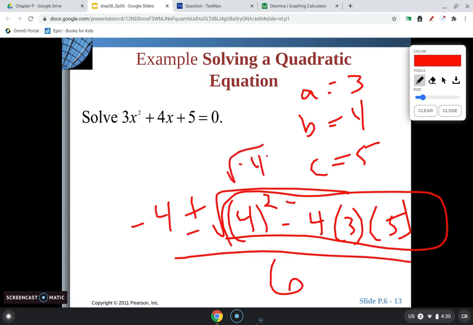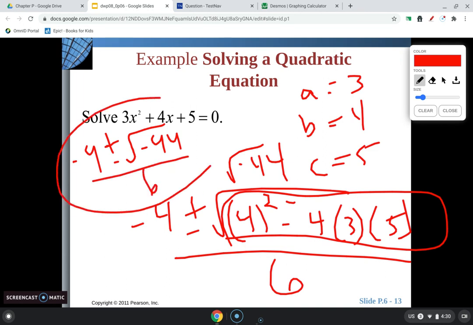I'm going to have you leave it like that. So negative 4 plus and minus the square root of negative 44 all over 6. That's negative, so that means we can pull an i out of that. So it becomes i root 44, because the square root of negative 1 is i. All right, so you can get imaginary numbers when you're doing the quadratic formula.